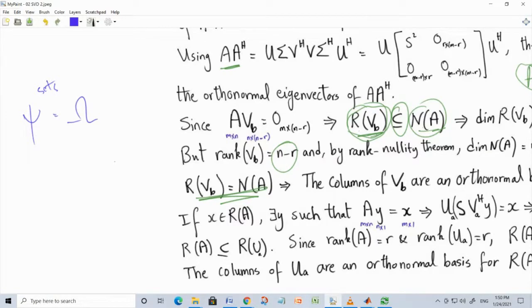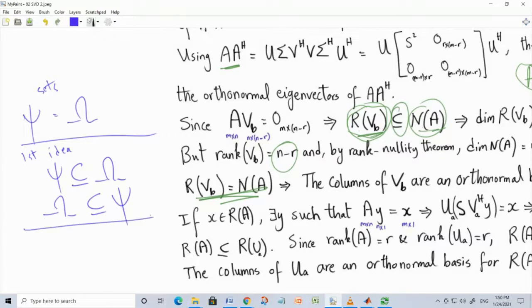I don't think there are just two tricks, but I will mention two. First, the idea is that you show that psi is a subset of big omega, and then you show that big omega is a subset of psi. Then they are the same. This is very useful, and we'll encounter this again and again.